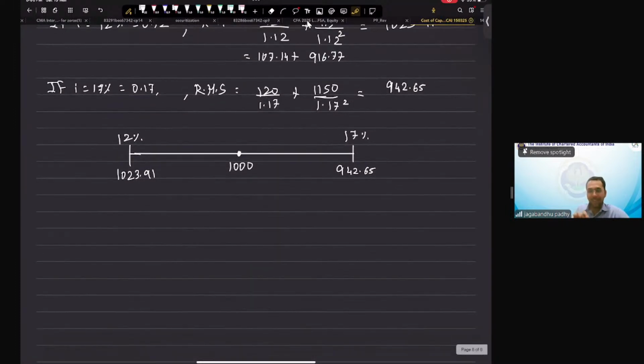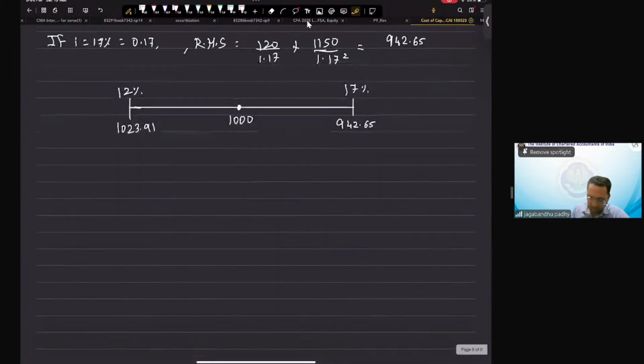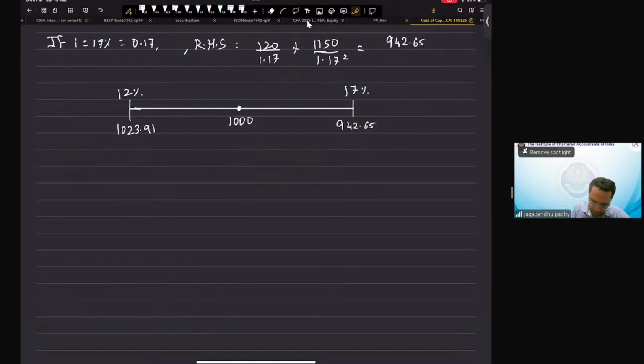So how do we get that value now? Let's understand it in a very simplistic manner. I'm just writing the rate and the RHS value. When we had the rate as 12%, RHS was 1023.91.